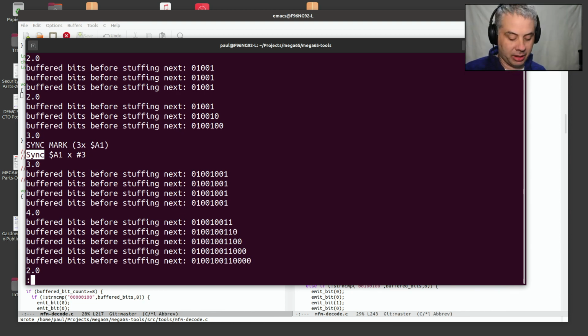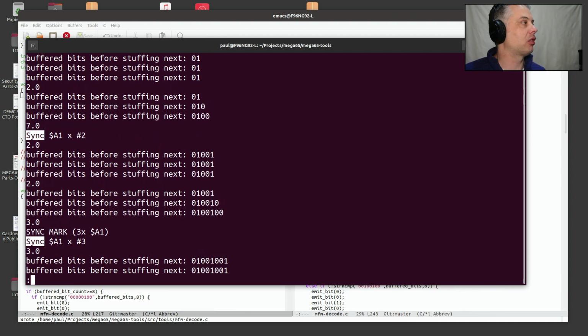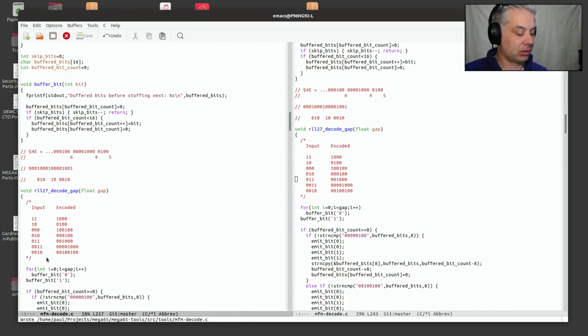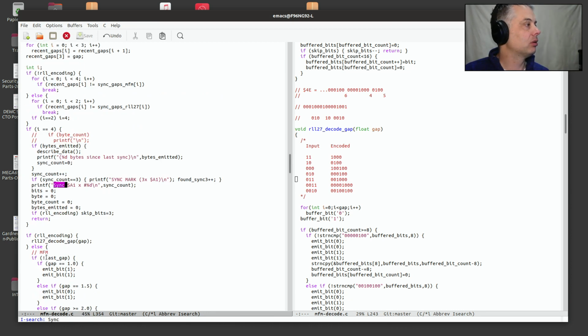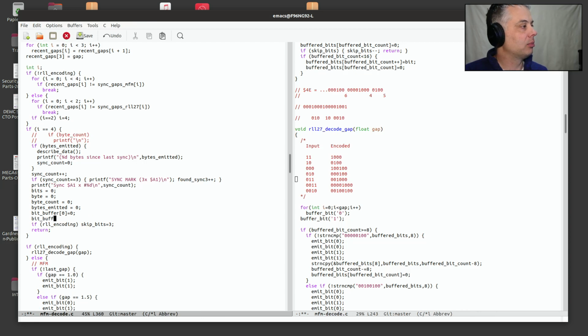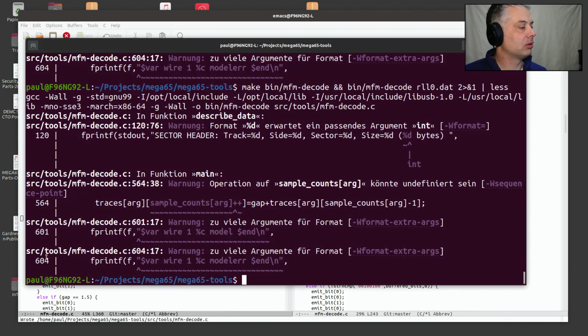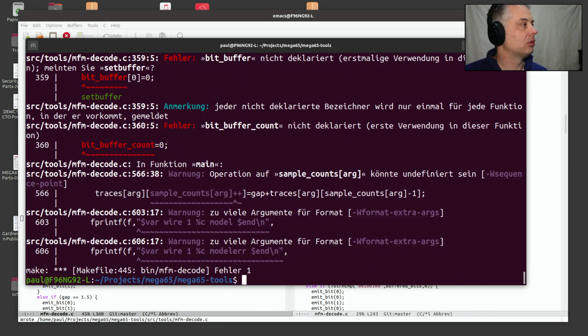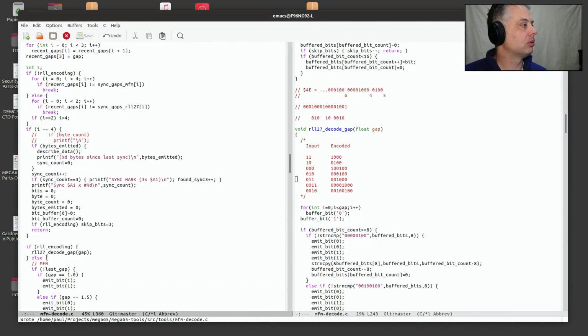I think that is part of it, right? We shouldn't keep accumulating bits every time we see a sync. So let's set bit buffer 0 equal to 0, bit buffer count, it's bits buffered, isn't it?